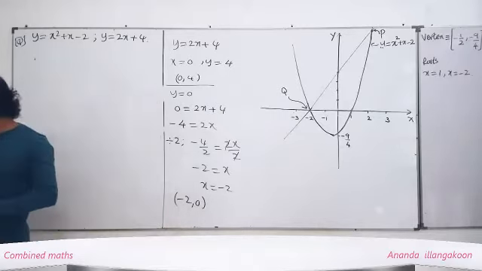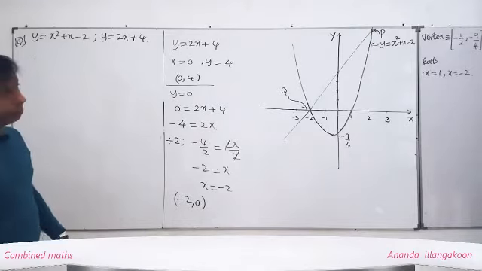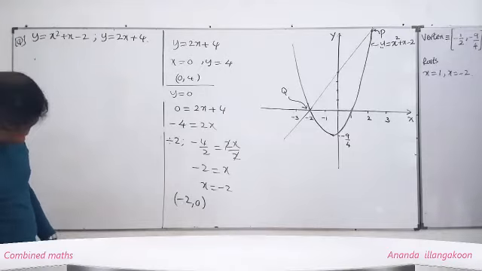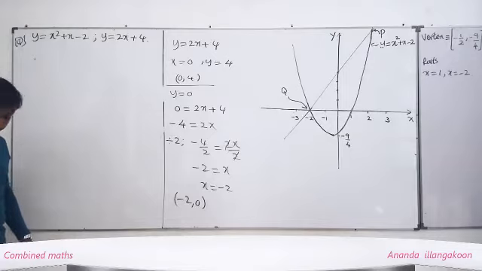Intersect at 2 points. Let these points be capital P and capital Q.